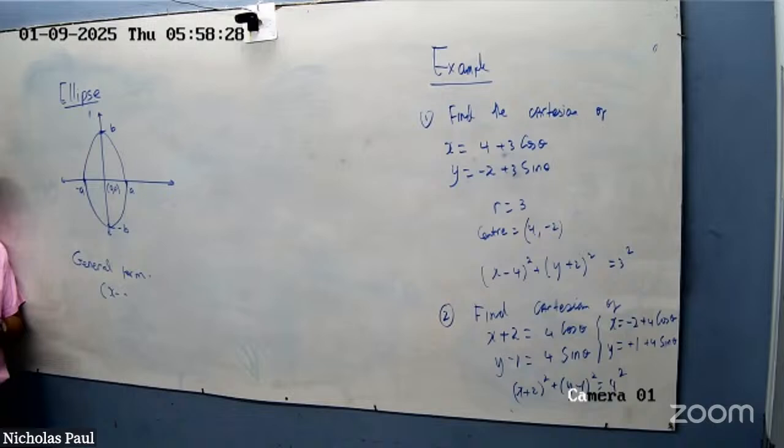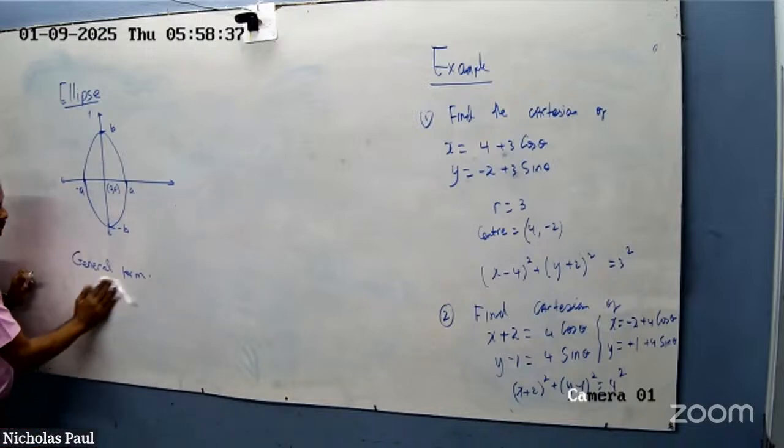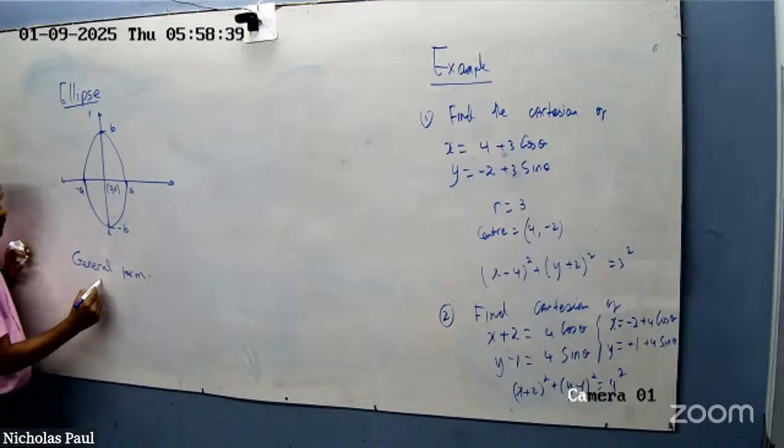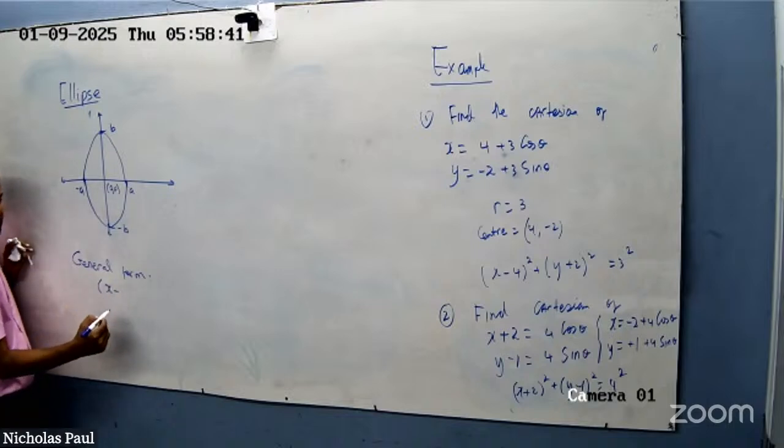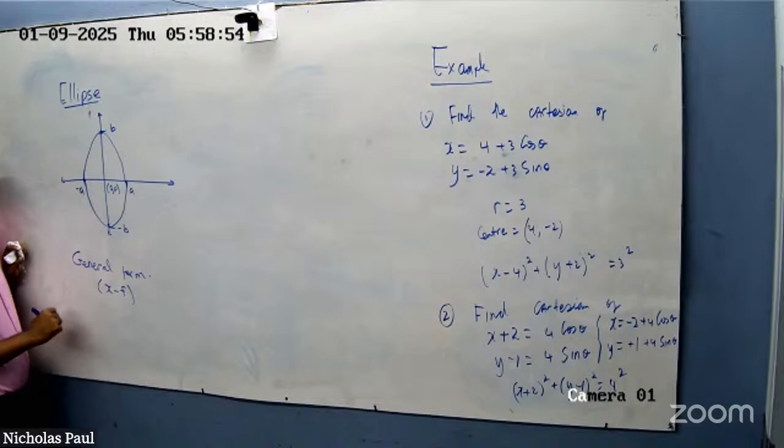All right, anyway. So the general form for an ellipse looks something like this. X minus, let's use h. Before h is what? Let me see.